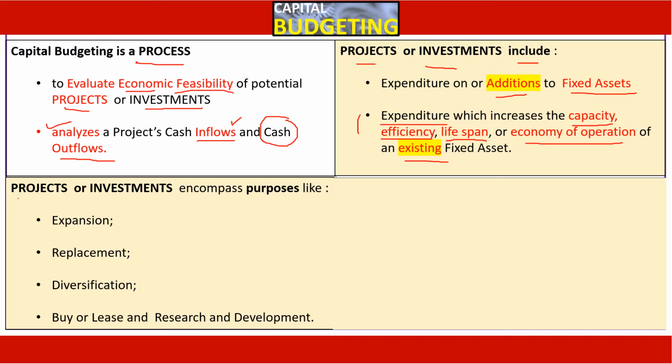And when we say projects, as we have seen in case of fixed assets, it might be increasing the scale of the operations by way of expansion, or replacing old machines by new machines, or adding a different line of activity but related to the existing activity as a part of diversification or integration backward or forward, or it may be a buy or lease decision, or it might have some relation with a project relating to research and development.